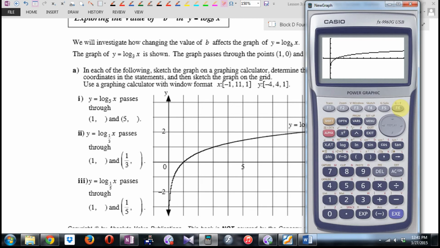To do that, we're going to hit G-solve, F5, arrow sideways, F6, and then we want a y calculation. We want to give it an x value and have it tell me a y value, which is F1. Hopefully that comes up. If that doesn't, now's the time to call me.